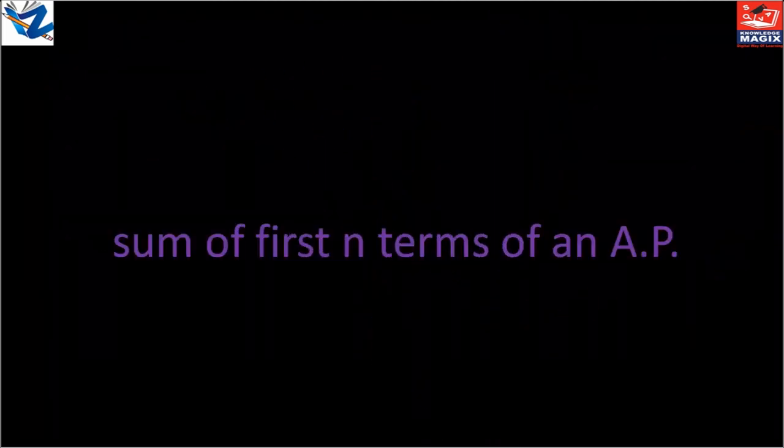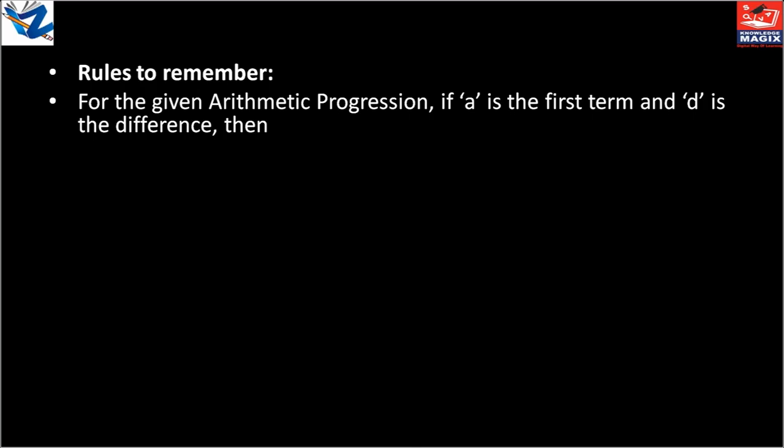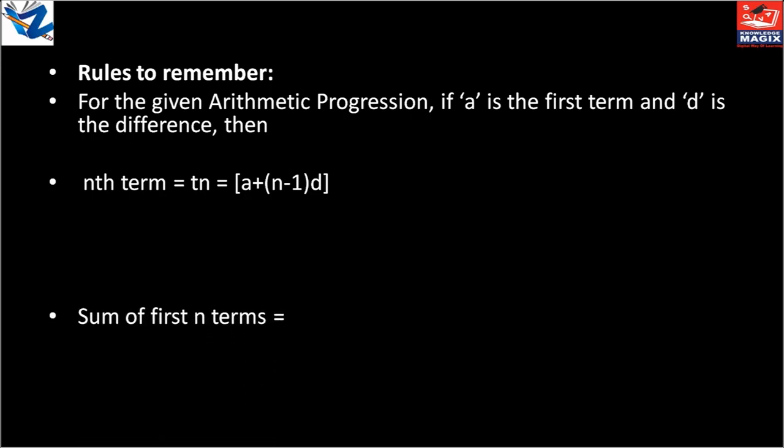Sum of the first n terms of an AP. Rules to remember. For the given arithmetic progression, if a is the first term and d is the difference, then nth term Tn is equal to a plus n minus 1 into d.